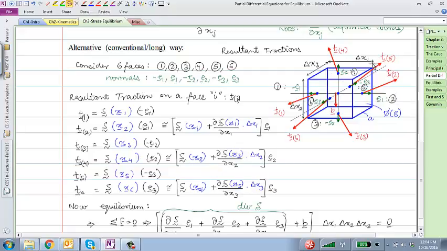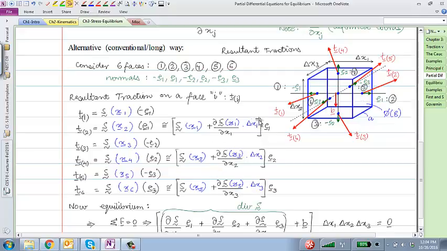delta x1. So if you write stress at the point x2 by expanding it as a Taylor series, then this can be approximated as this. So the stress at point 2 can be expressed as stress at point 1 plus derivative of stress with respect to x1 times delta x1, right?